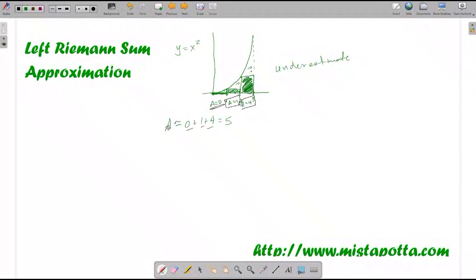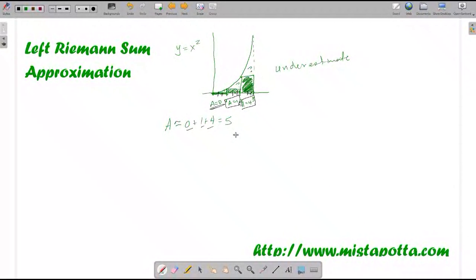And obviously, the more rectangles that I have, the more ways that I divide this interval, the more accurate my answer is. But at an expense that's going to take a lot more work to do so. If I use fewer rectangles, then of course it's going to take less work, but my answer is going to be much more off. I'm either going to have much more of an underestimate or much more of an overestimate.